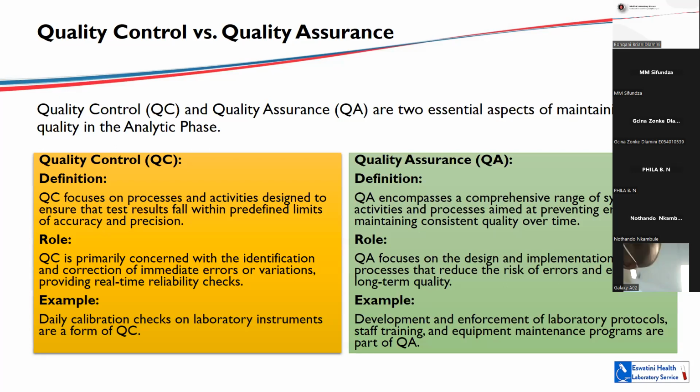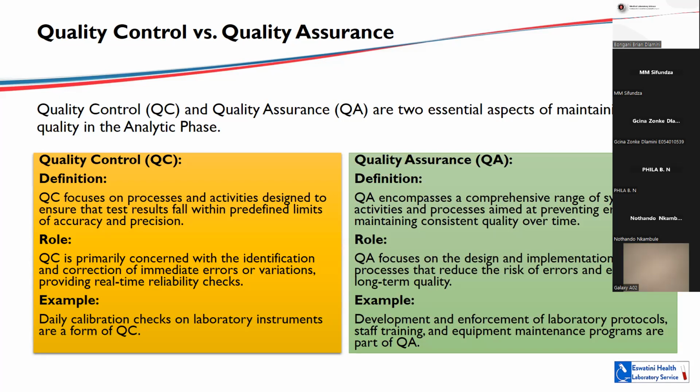So then what is quality assurance? Here too, in simpler terms, we can define quality assurance as all the planned and systematic actions that are necessary to provide confidence that our product or result or service will satisfy the given requirements for quality.